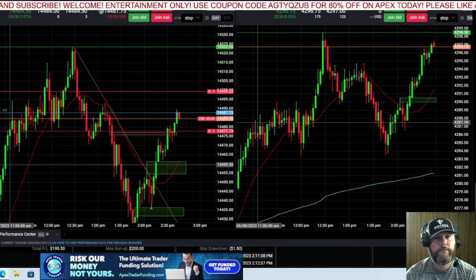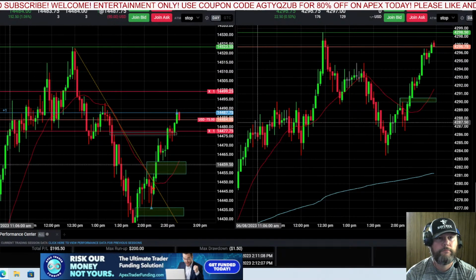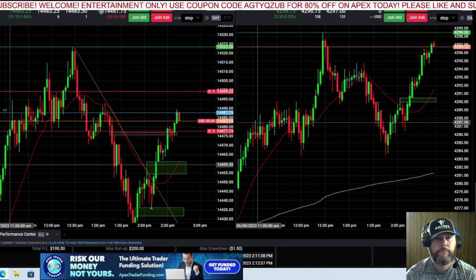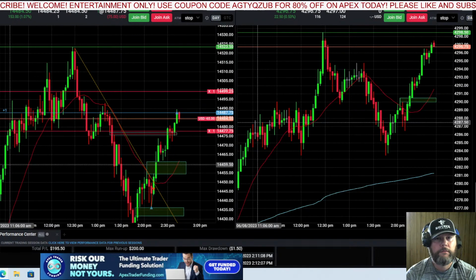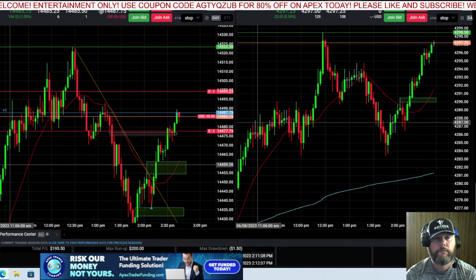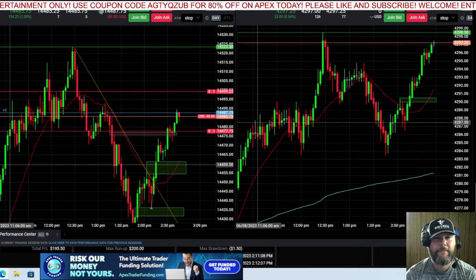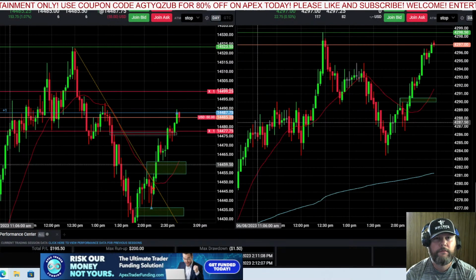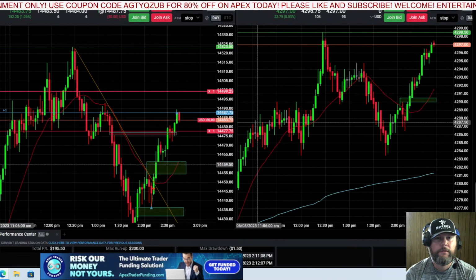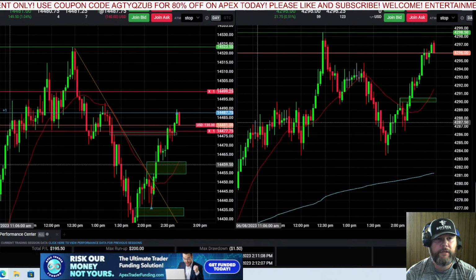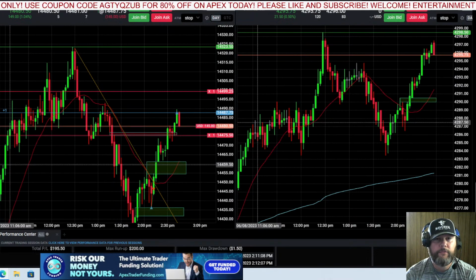Pulling back here a little bit. Trying to be patient with this trade and give it the room it needs, but I'm not liking that pullback.